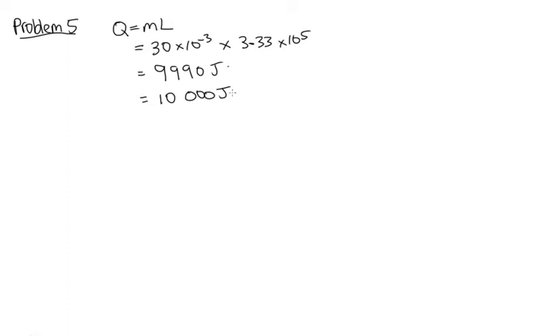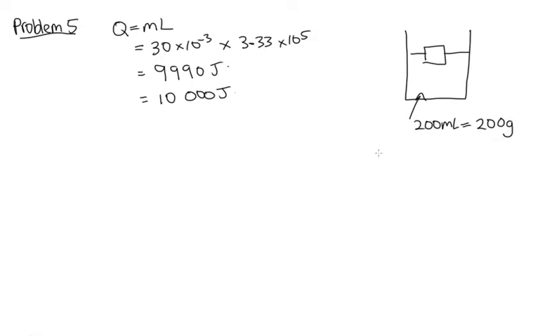Now the question goes on, if this ice block was placed in a 200 milliliter glass of water, okay, so let's draw that. Here's our glass of water, here's our ice block, and this is 200 milliliters, which remember is equal to 200 grams of water.